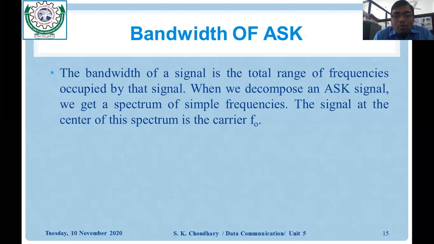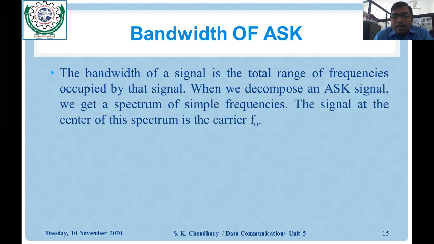When we talk about bandwidth, the bandwidth of a signal is the total range of frequency occupied by the signal. When we decompose the ASK signal, we get a spectrum of simple frequencies.